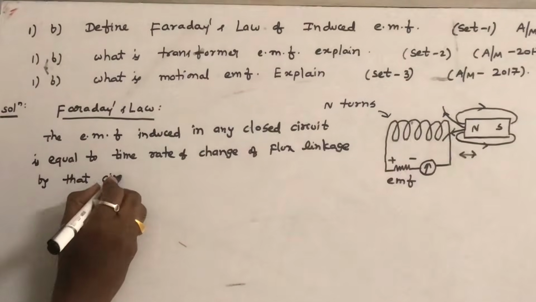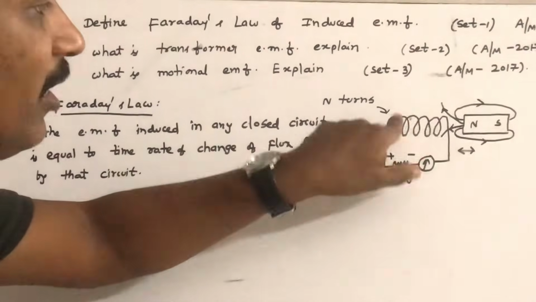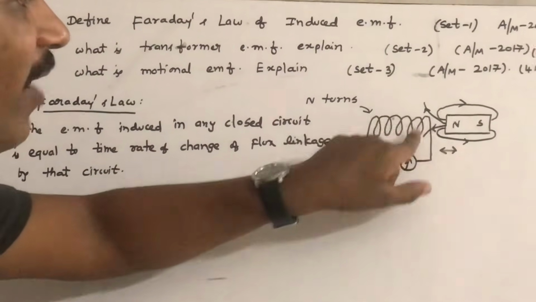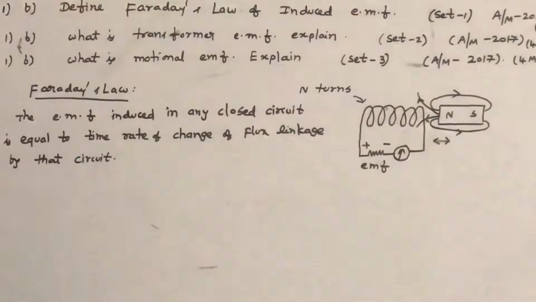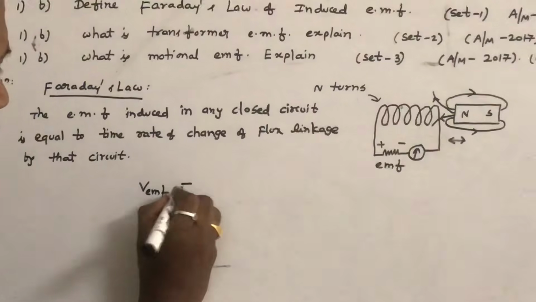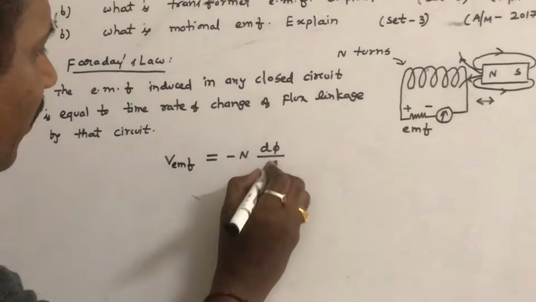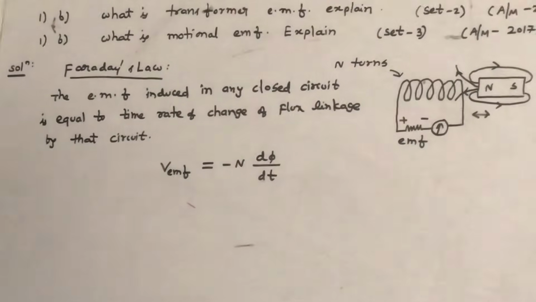Very simple definition. So the EMF induced in any closed circuit is equal to the time rate of change of flux linkage by these circuits. This is written as EMF induced is equal to minus n into d phi by dt. So this is Faraday's law equation.